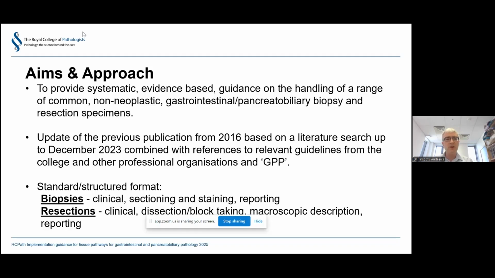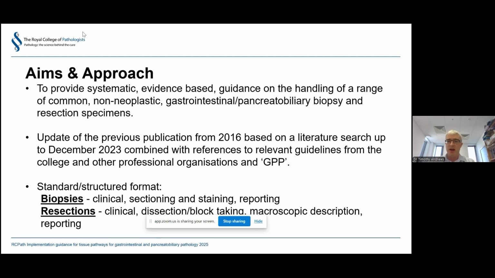So what we aimed to do in drafting the guideline was to provide systematic and evidence-based guidance on the handling of a range of non-neoplastic specimens. The emphasis here is on non-malignant GI and pancreatobiliary pathology. This is an update of a previous publication from 2016, so 7 or 8 years have elapsed, and we've tried to update the literature.